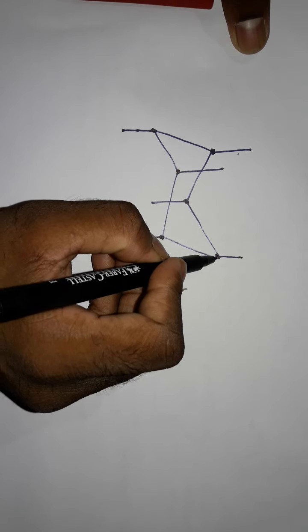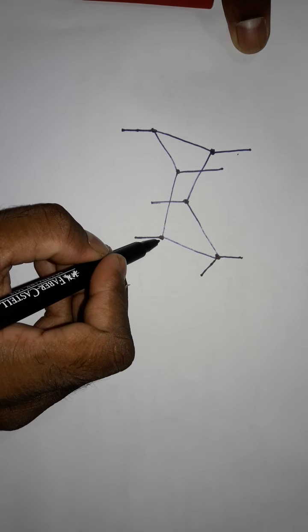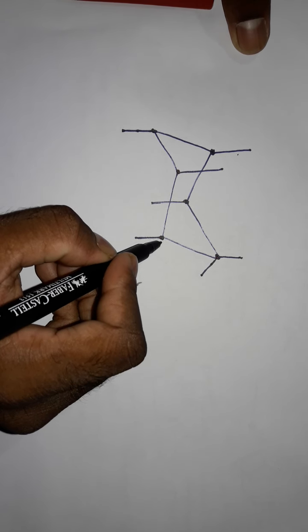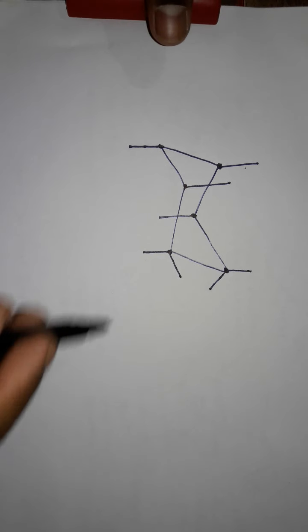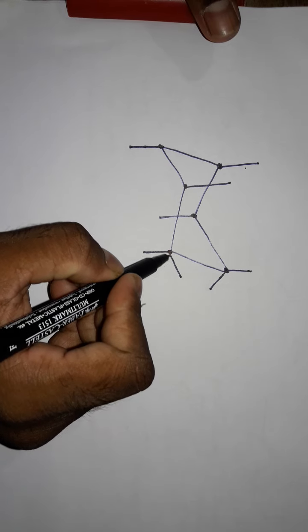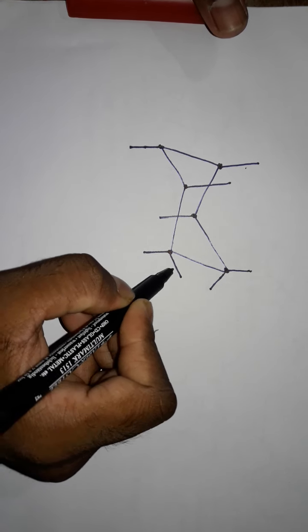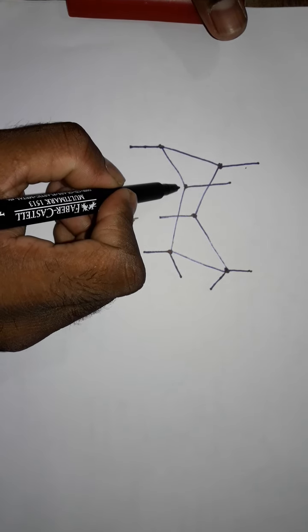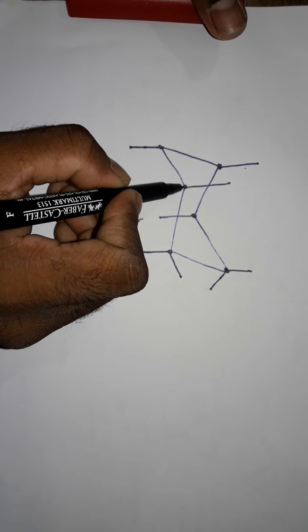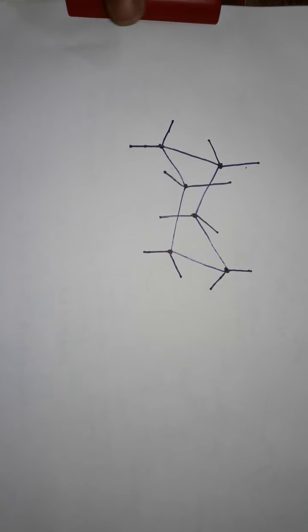If at this carbon the equatorial bond is slanting downward, then at this carbon the equatorial bond will be slanting upward. On this carbon the equatorial bond is heading upward, so at this carbon the equatorial bond will be heading downward. So upward, downward, upward. Okay.